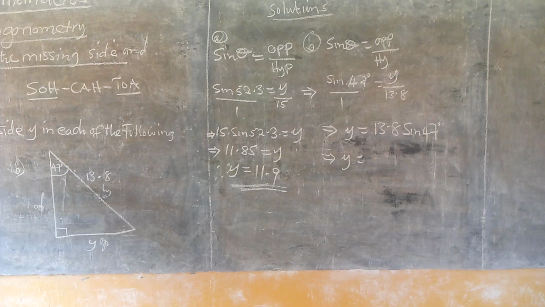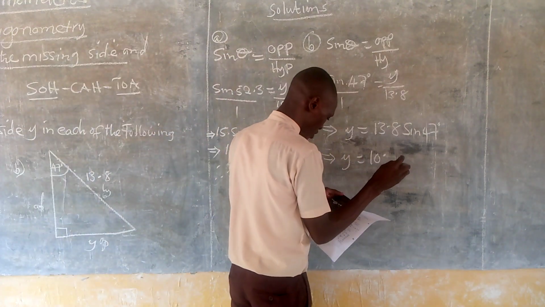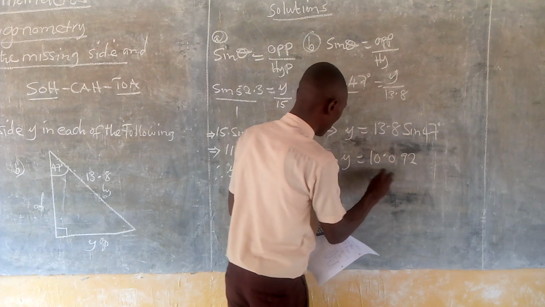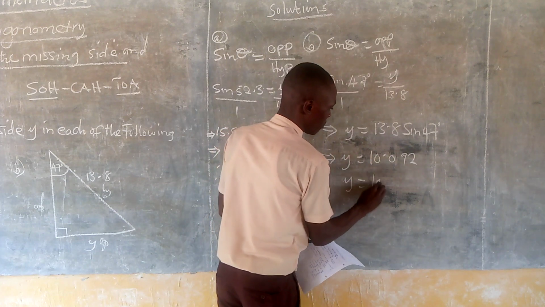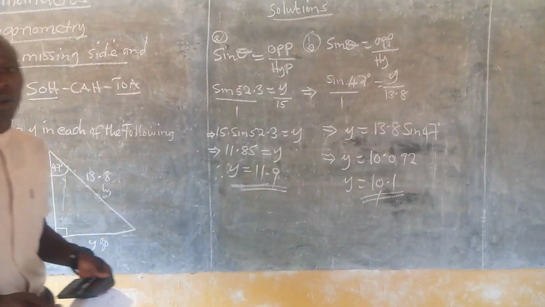Hypotenuse, opposite, 47. It is giving 10.19. So when you round off, it will be 10.1. So that is our y.